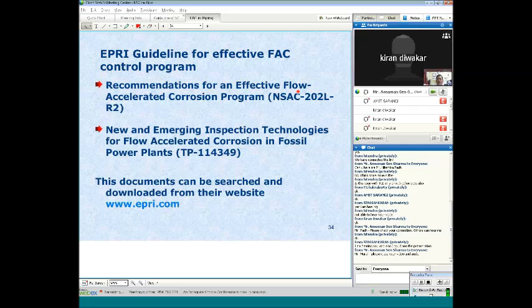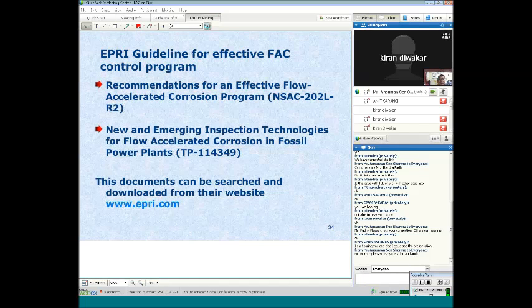So you can always search for this on the EPRI website and download it, right? That is going to be the only guideline you can follow, because they are the institution which is working on this particular failure mechanism, and most of the guidelines, which are being followed even by the nuclear power plants, are given by them, right?